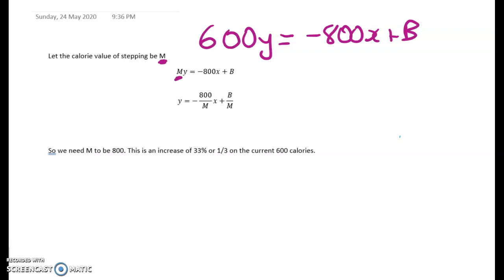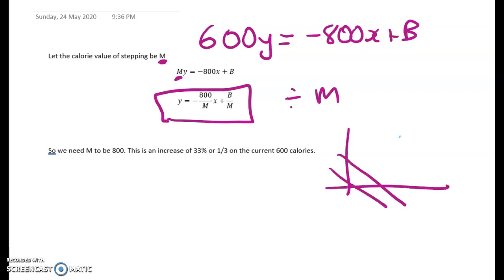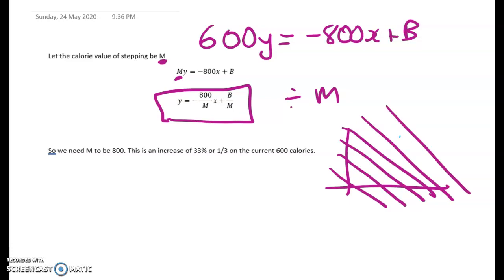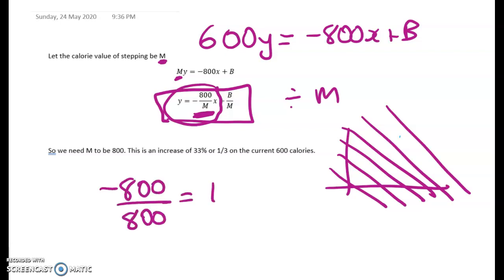Then I can rearrange by dividing both sides through by M, and this is the equation that I'm sliding out. I'm trying to make this objective function as big as possible. And our goal to get multiple solutions is to have this give me a gradient of -1.